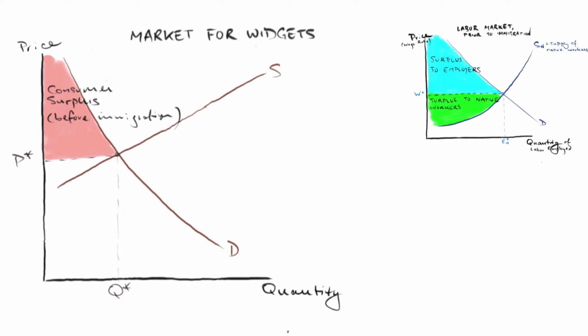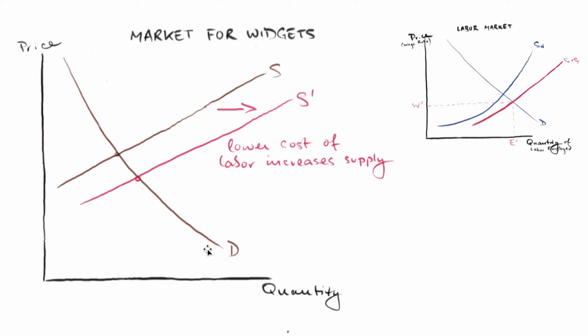Then the immigrants arrive. Okay, little picture on the right. That's again what happens in the labor market. Immigrants arrive. They shift the labor supply curve to the right. The market has a new equilibrium with a lower wage. Okay, now that impacts the market for widgets. Remember, one of the factors that will shift a supply curve in a market is the cost of production.